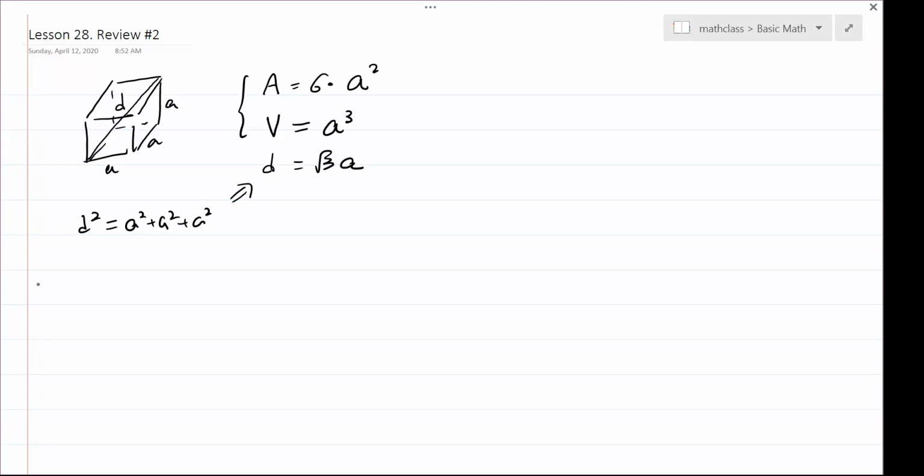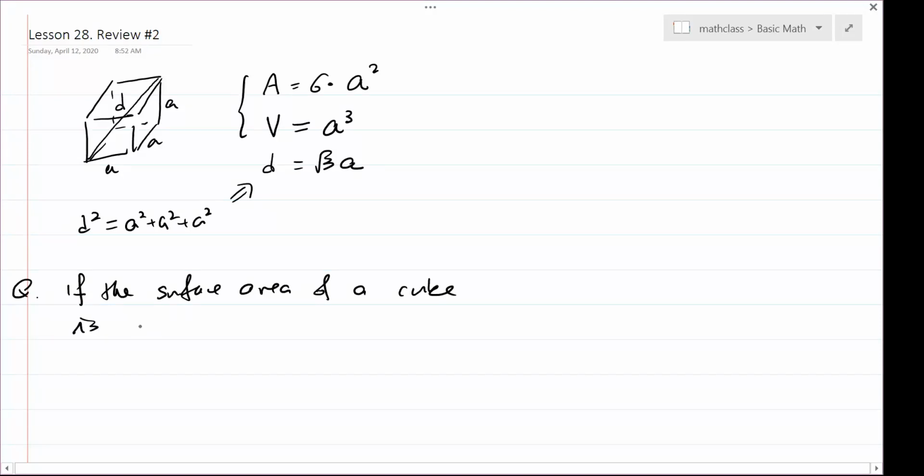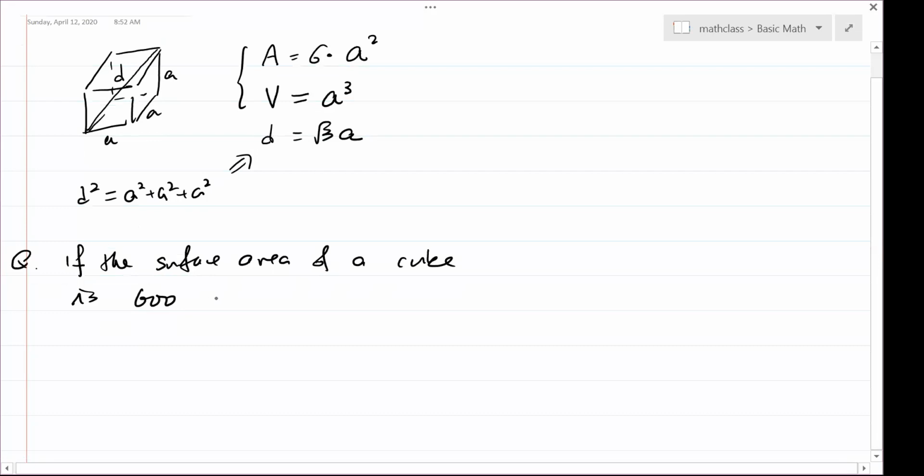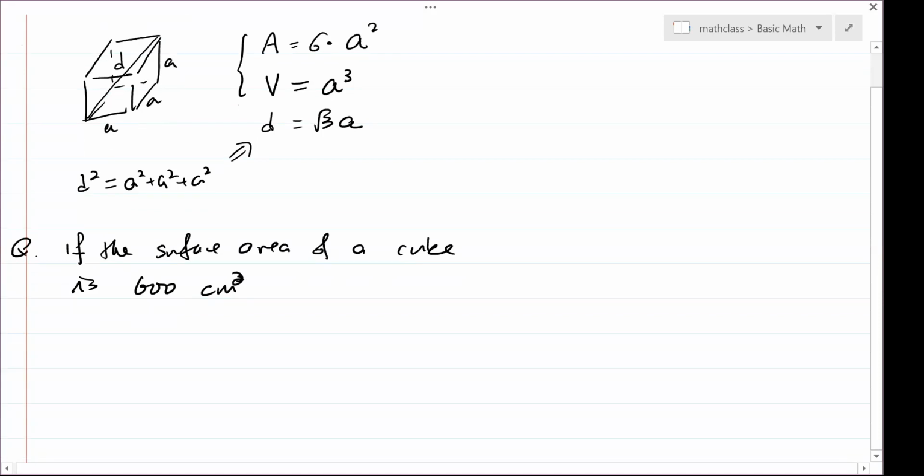All right, so the question here is, if the surface area of a cube is 600, for example, square units, let's call it square centimeters, what is the volume?